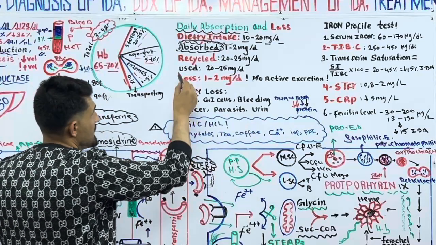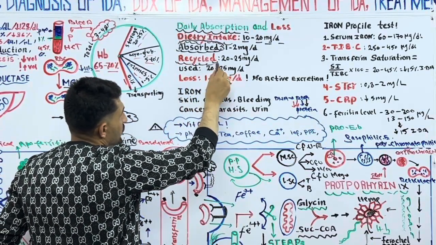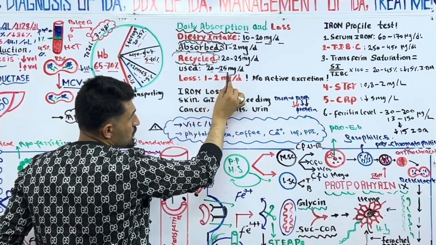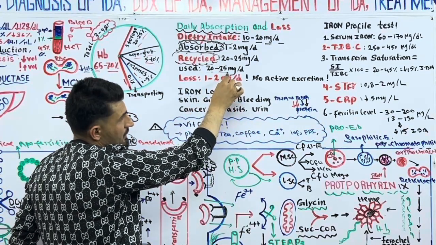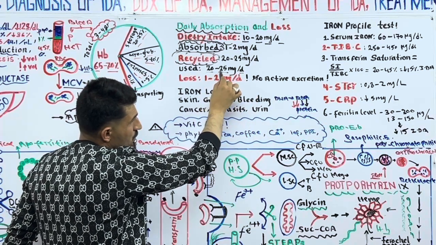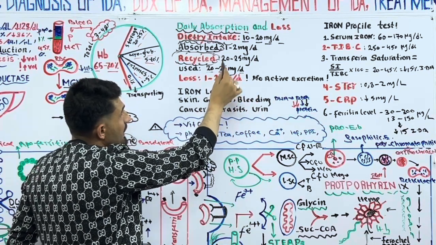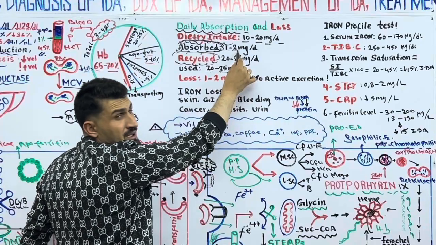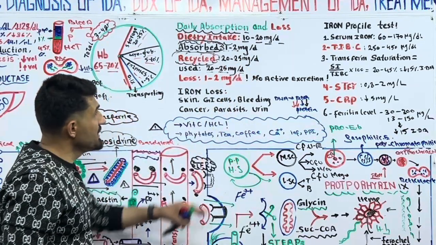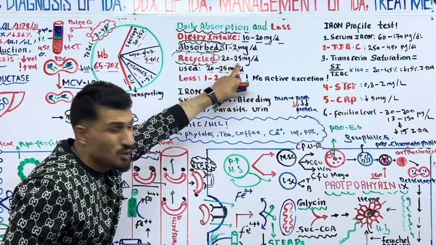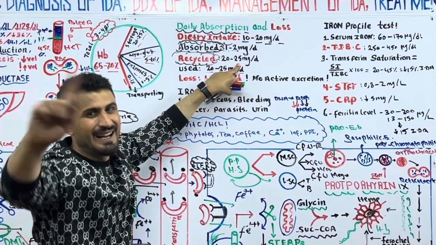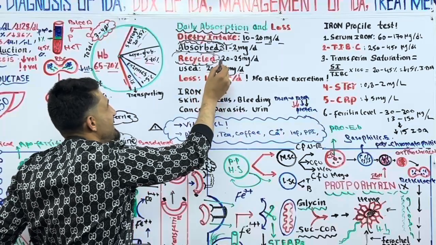We'll talk about it. Okay, this is the most important part, because daily we use around 20 to 25 milligrams of iron per day, but we absorb only 1 up to 2 milligrams per day. Here is the point: 20 up to 25 milligrams of iron is recycled by macrophages every day.